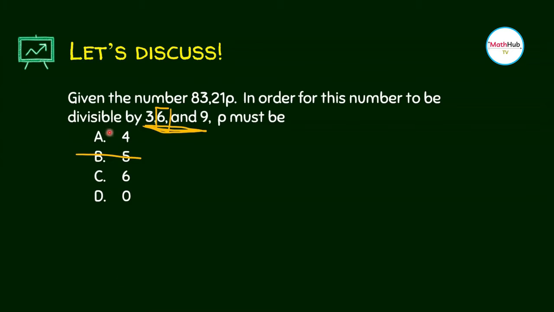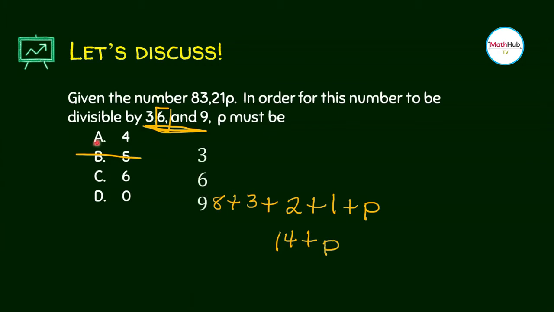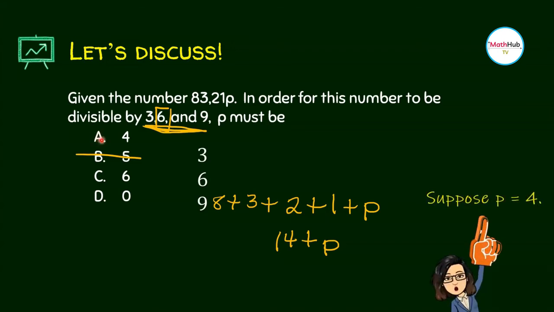Let us try A. Let us first add what we have over here, the digits. 2 plus 1 plus P. We have 11 plus 2, 13 plus 1, that's 14. 14 plus something, it should be divisible by 3 and 9. Can P be equal to 4?